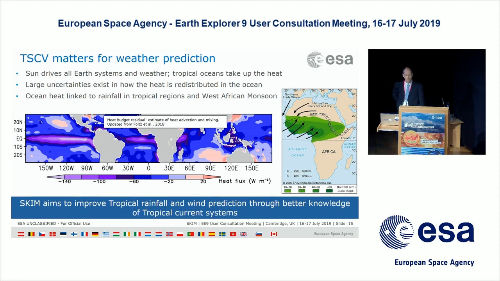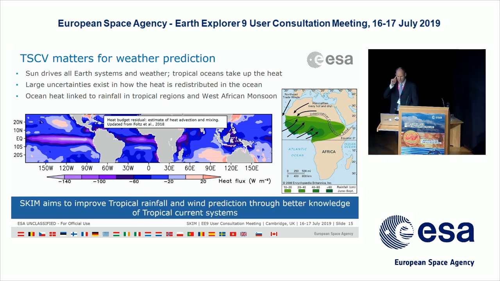You can see this in this image here, for example, that the lack of information in the movement, the advection of water in the equatorial region, so this is the light purple areas, leads to differences in the equatorial heat budget, and these inaccuracies are then inherited into our weather forecasts.